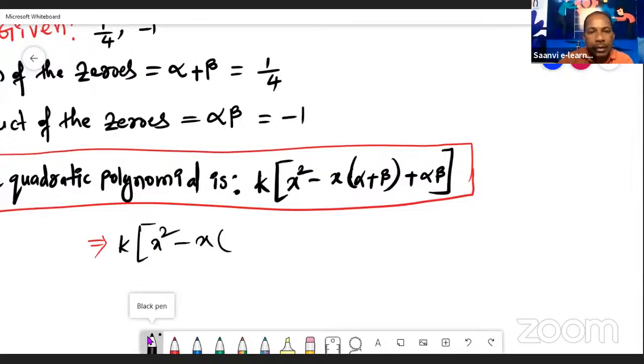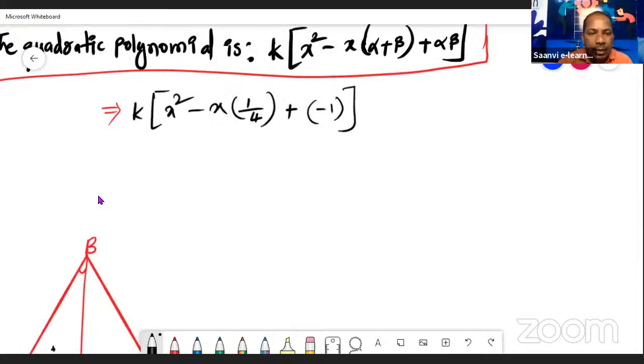What is the alpha plus beta value? 1 by 4, so in the place of alpha plus beta, write 1 by 4. Plus alpha into beta. What is the alpha beta value? Minus 1. So k of x square minus x we write as it is, alpha plus beta value 1 by 4 and alpha beta value minus 1. Now simplify this.